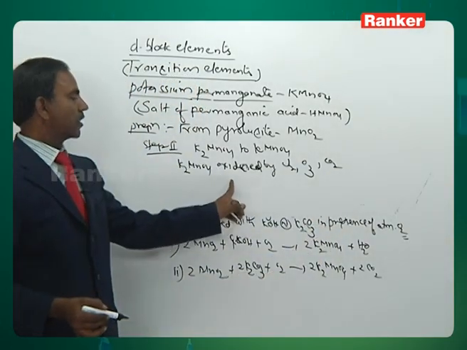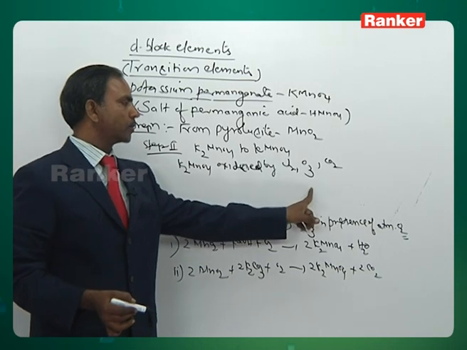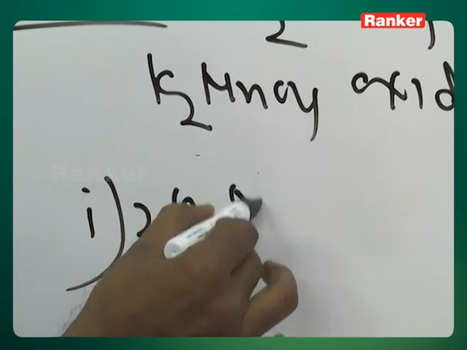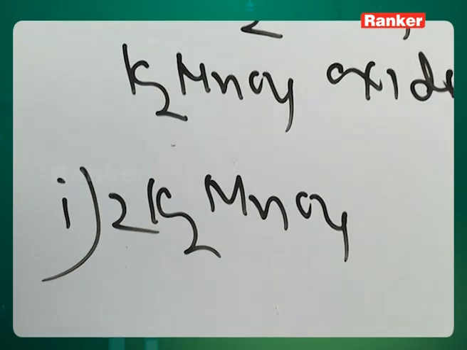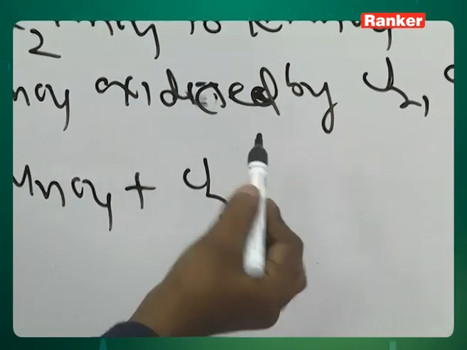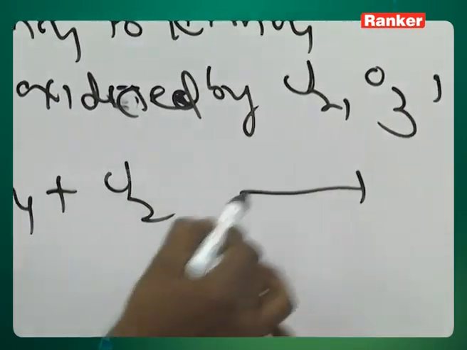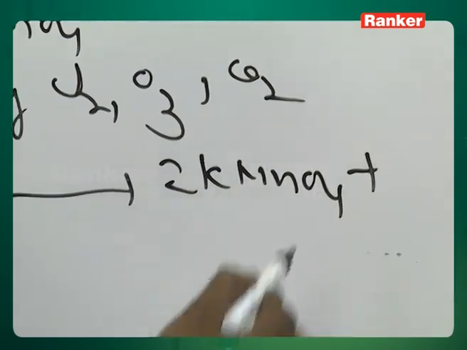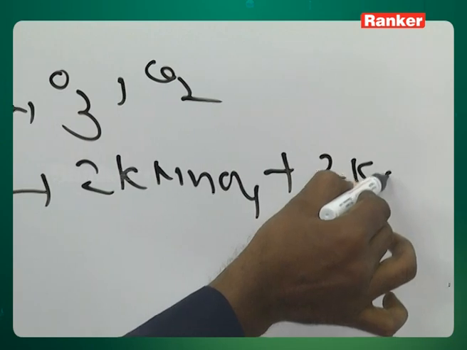Now, 2K2MnO4, potassium manganate, plus Cl2, then you get 2KMnO4, potassium permanganate, plus 2KCl.